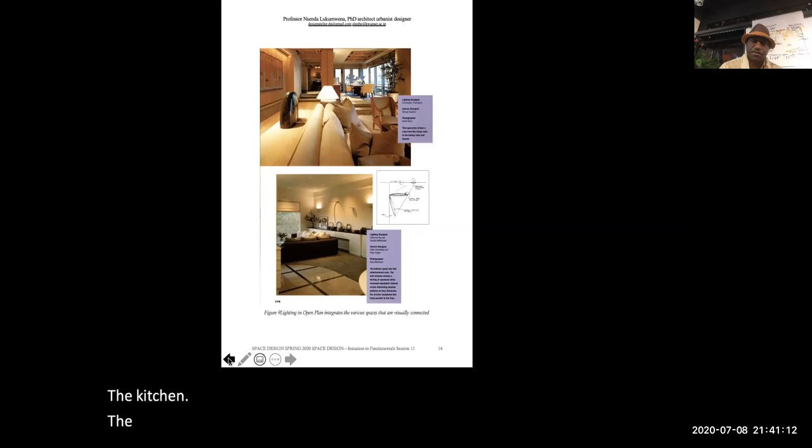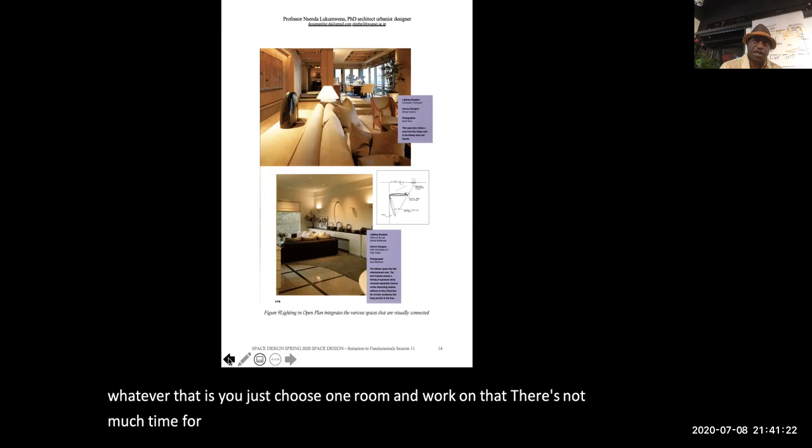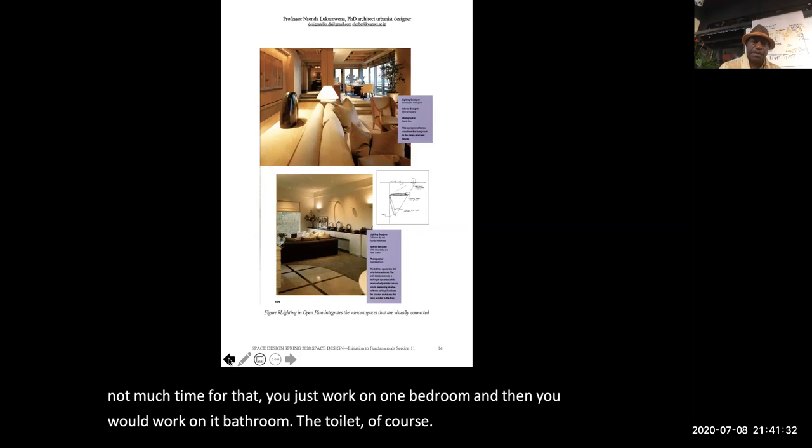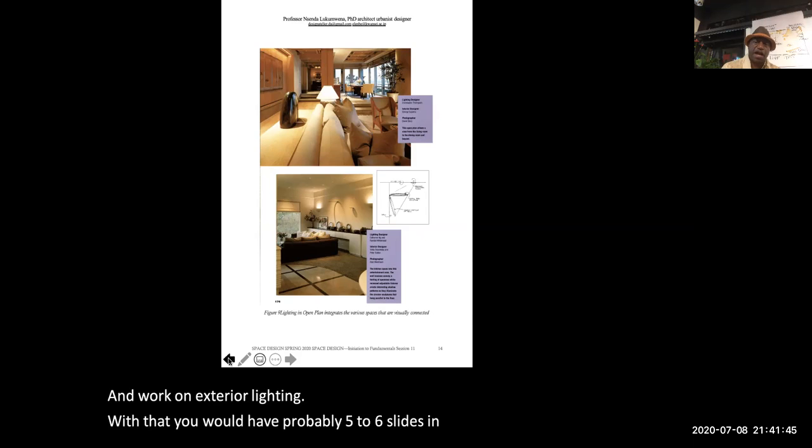If the house has more than 2 or 3 bedrooms, you just choose one room and work on that. There's not much time for that. Then you would work on a bathroom and the toilet, of course, and work on exterior lighting. With that, you would have probably 5 to 6 slides in total, and you have to justify the choice of your lighting.